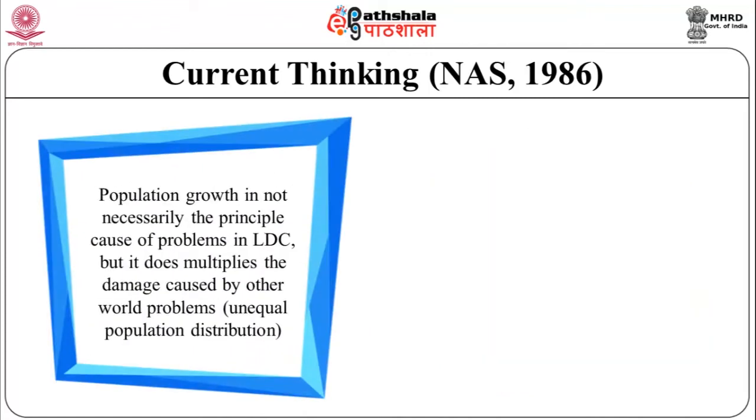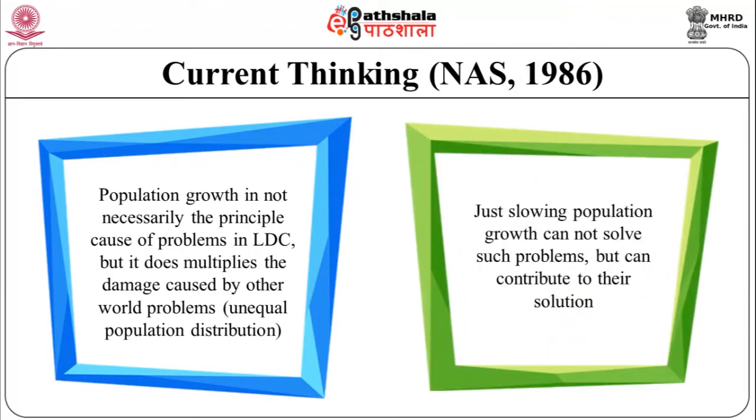Population growth is not necessarily the principal cause of problems in LDCs, but it does multiply the damage caused by other world problems, such as unequal population distribution. Just slowing population growth cannot solve such problems, but can contribute to their solution.